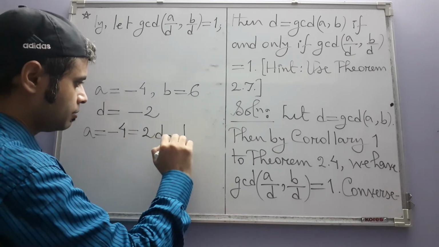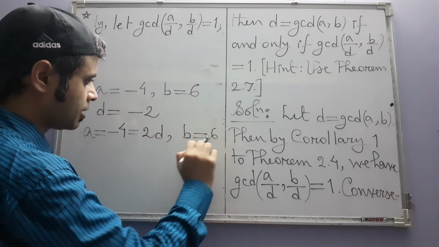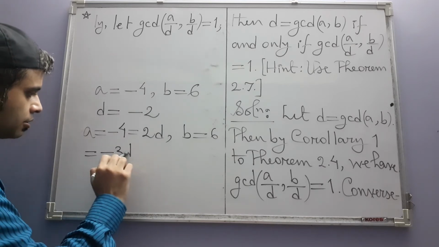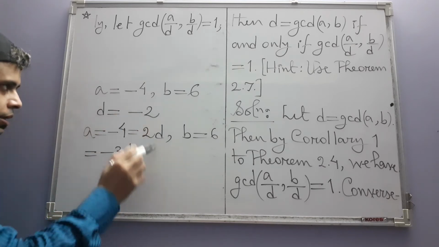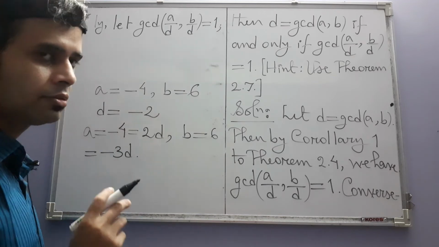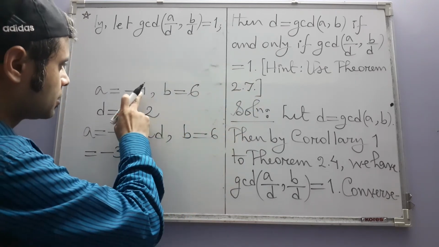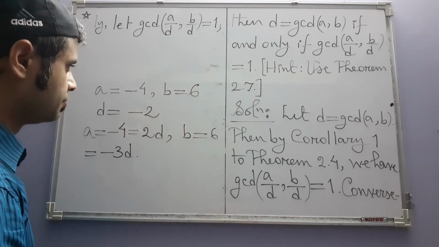Just like that, B is also an integer multiple of D. B is equal to -3D. So D here for these particular values is, just like the general case, a common divisor of A and B.